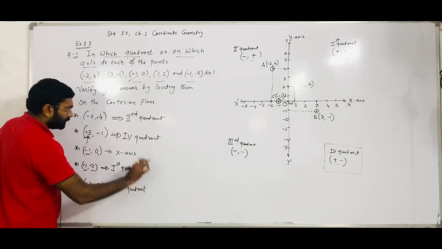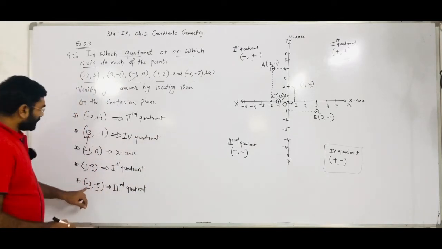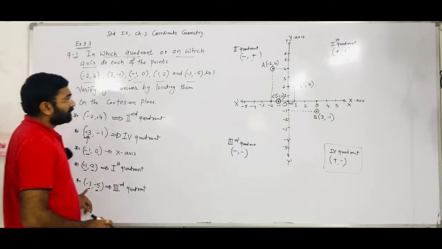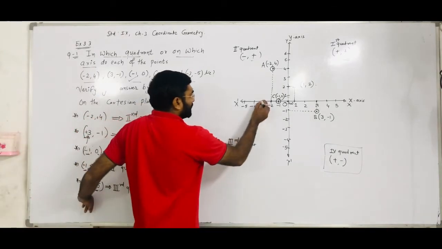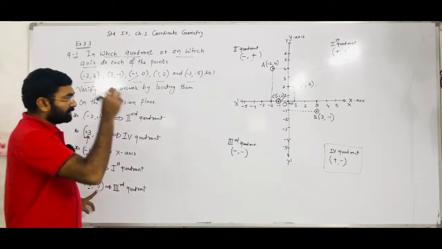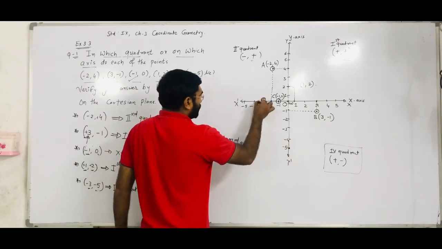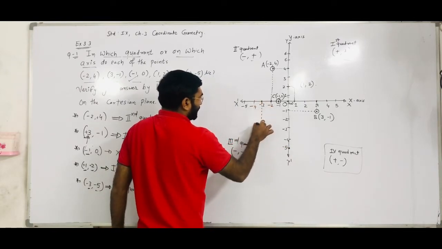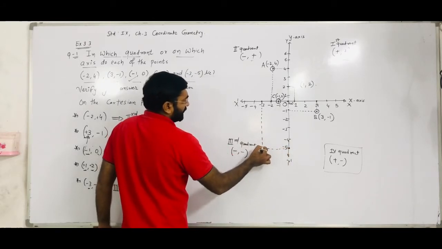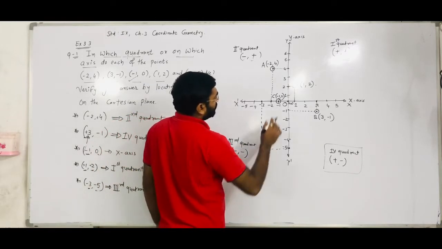Now we have to locate it on the Cartesian plane. The first coordinate is represented as the x coordinate. X coordinate on the x axis, -3 comes here, right? And the y coordinate, on the y axis, -5 comes here. So from both points we have to draw a perpendicular line from -3 as well as from -5. Right? And both lines intersect. That point we name.